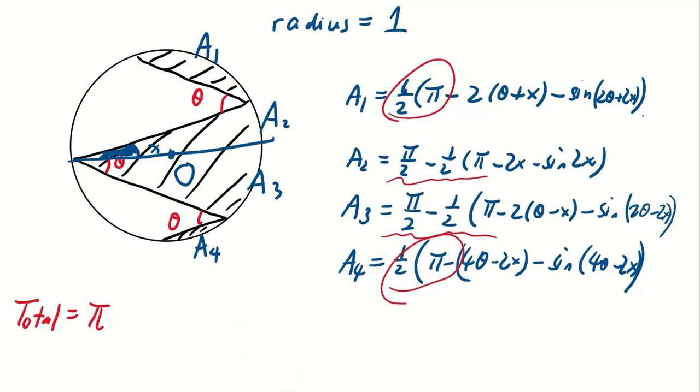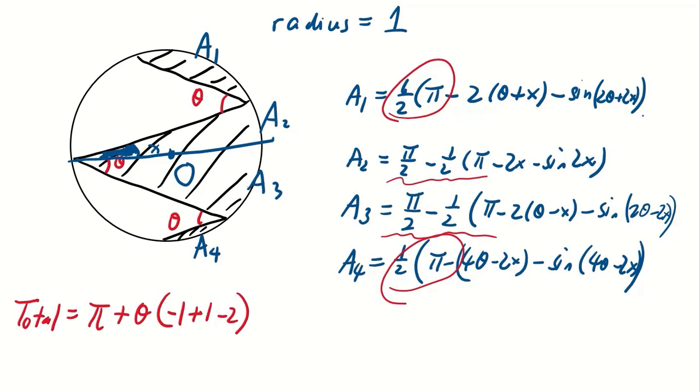Then we also have a term regarding theta. So from A1 we have negative theta, so it's negative 1. From A2, we don't have anything with theta. From A3, we have a positive 1 with theta. And from A4, we have negative 2 theta.